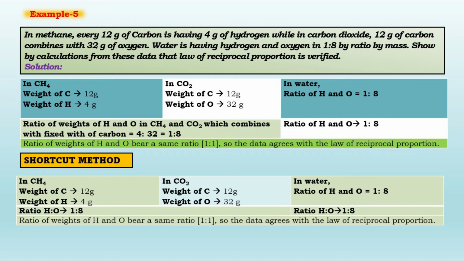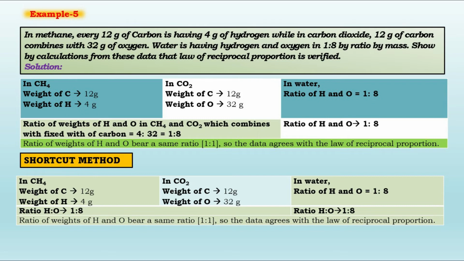And in water, the ratio of hydrogen and oxygen is equal to 1:8. Since the ratio of weights of hydrogen and oxygen bear the same ratio, the data agrees with the law of reciprocal proportion.